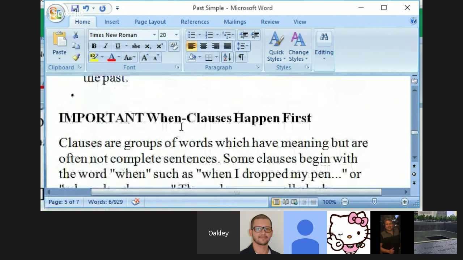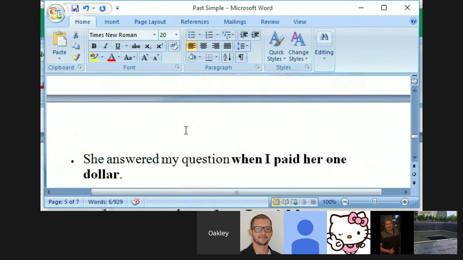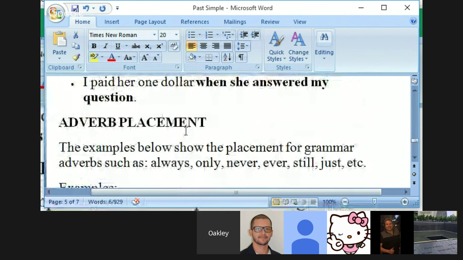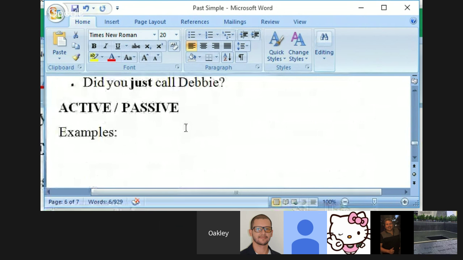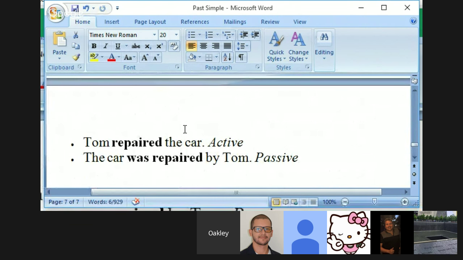We're kind of running out of time, so I want to quickly show you the passive of the past simple. Active sentences: we've all been using active sentences all class. Tom repaired the car.